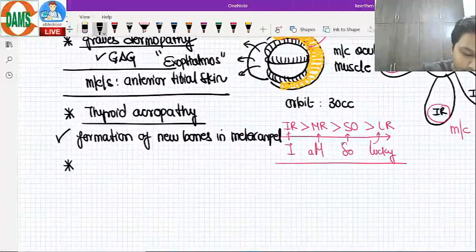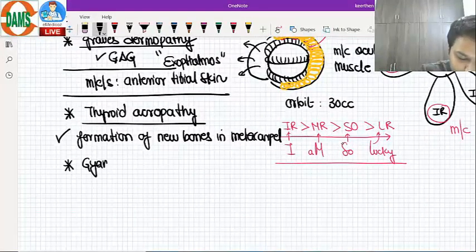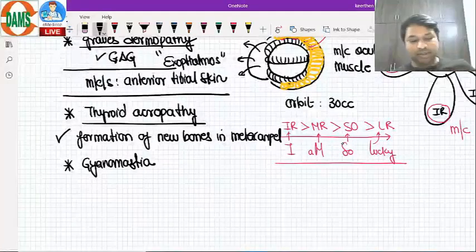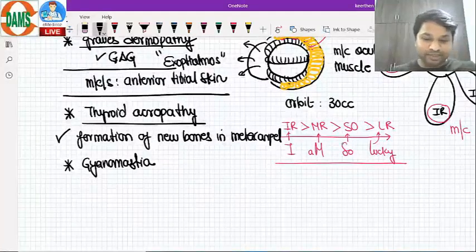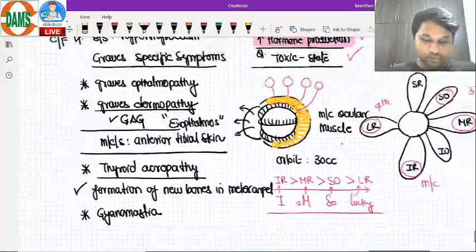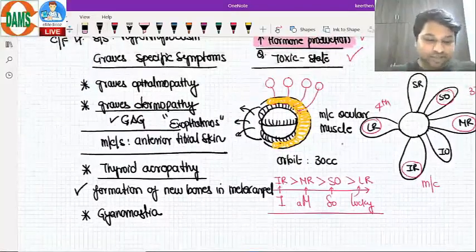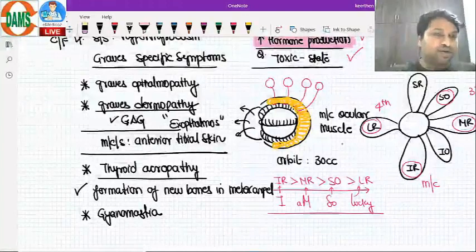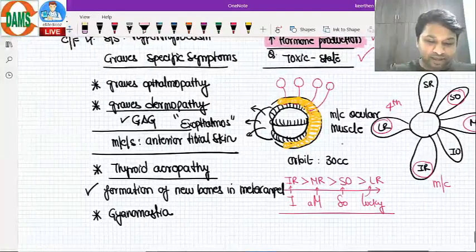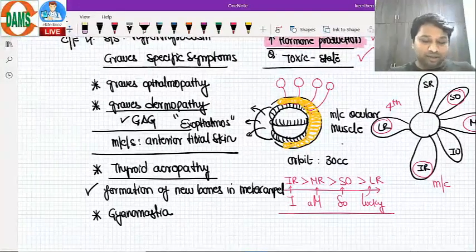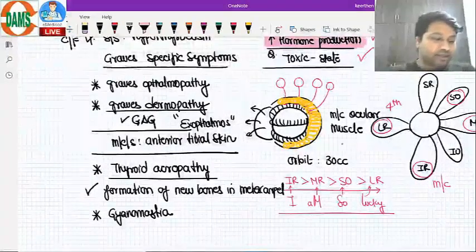Another one is gynecomastia. So these are the Graves-specific symptoms: Graves' ophthalmopathy, Graves' dermopathy, thyroid acropathy, formation of new bones in the metacarpals, and gynecomastia.